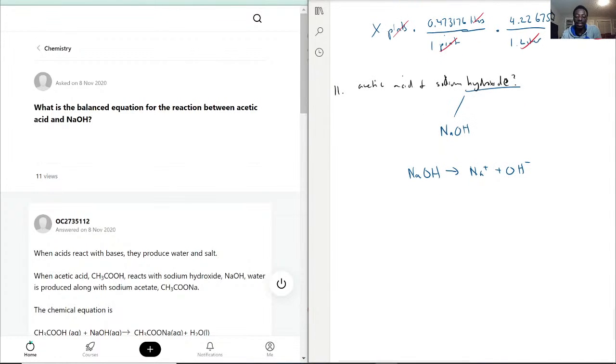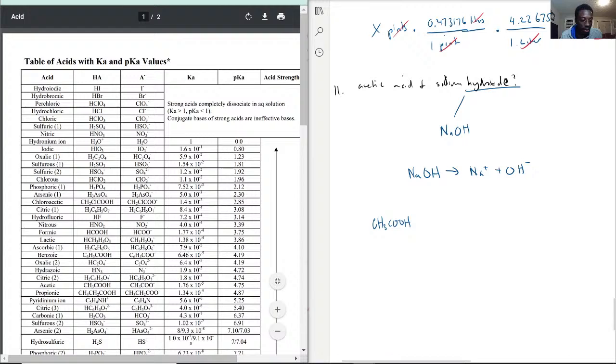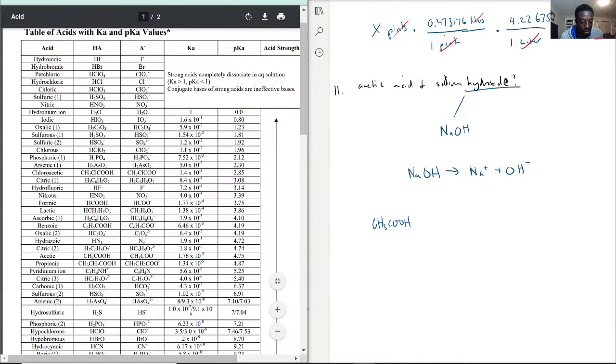So now acetic acid, right, is going to be CH3COOH. And I know that acetic acid is not a strong acid, but to be able to find out for sure, we actually have the acids and bases list here. And acetic acid is all the way down here, a weak acid.